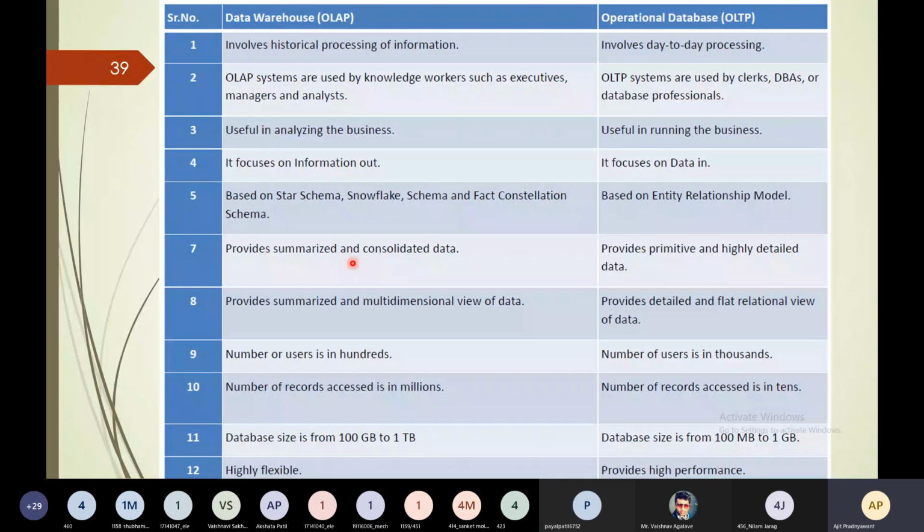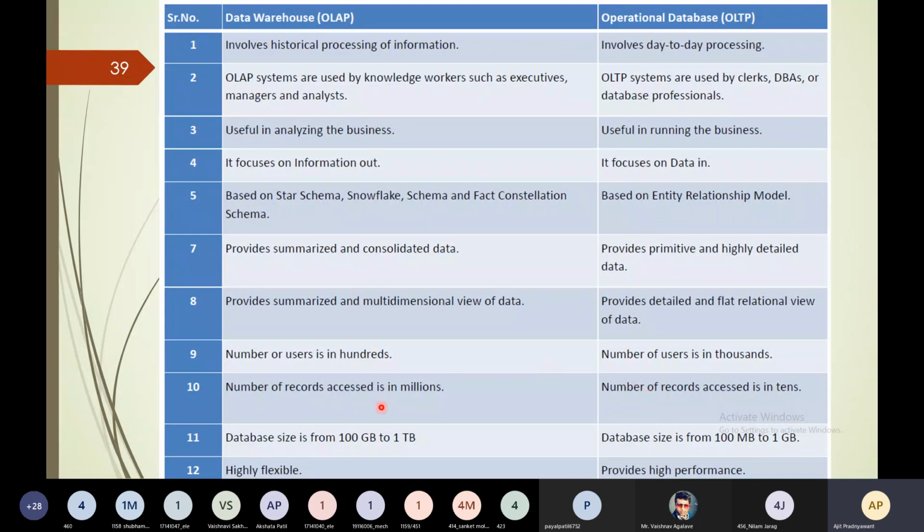OLAP provides summarized and consolidated data. OLTP provides primitive and highly detailed data. OLAP provides a summarized multidimensional view of data, whereas OLTP provides a detailed and flat relational view of data. The number of users is in hundreds for OLAP, whereas it is in thousands in the case of OLTP.